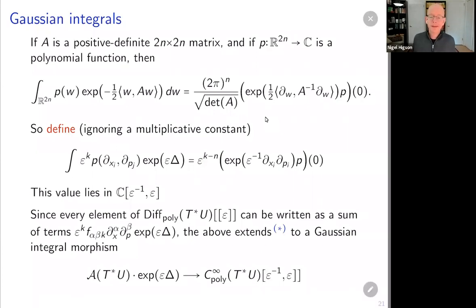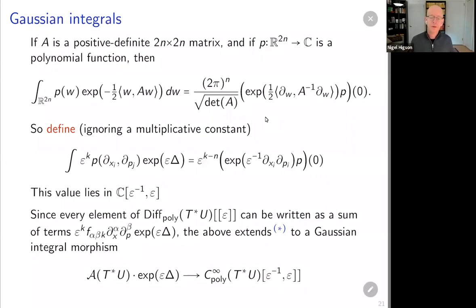Okay, and so we'll do exactly the same thing, if you like, under Fourier transform, and then some kind of Wick rotation. We'll do exactly the same thing for these Gaussian expressions involving just differential operators. If I have a polynomial in d/dx's and d/dp's times my exponential, I'll just plug them into the formula above.